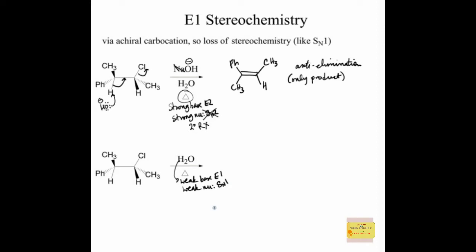Okay, and what's going to happen here is because we have no strong base or strong nucleophile, the only other thing that can happen is the leaving group can just leave on its own. So that's exactly what happens. And when that chlorine leaves, the resulting carbocation is now planar. It's flat. And so when we go to deprotonate our beta hydrogen, we can have some rotation, right?